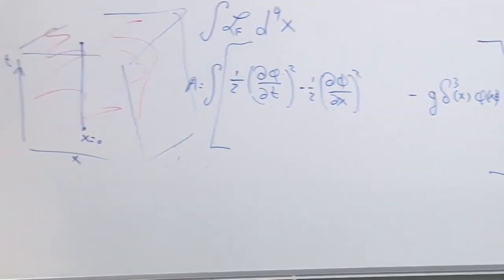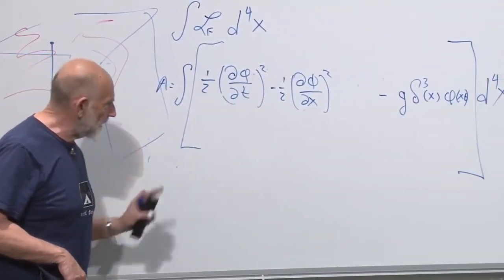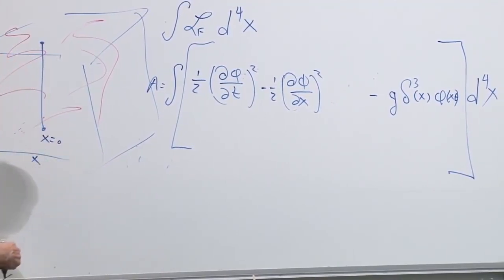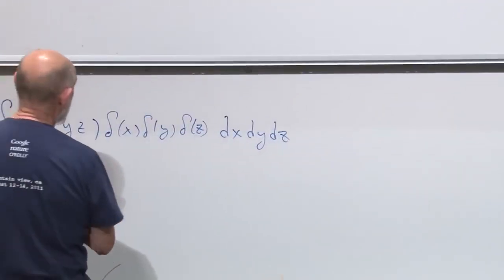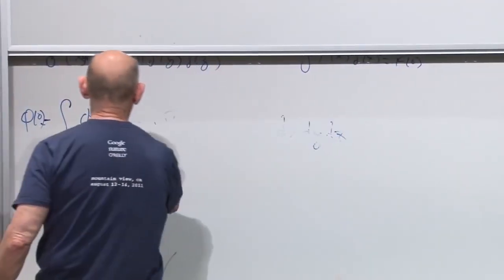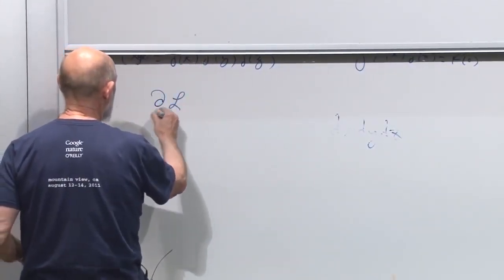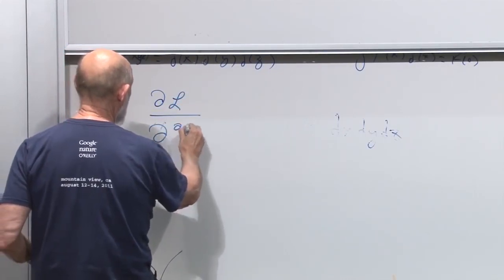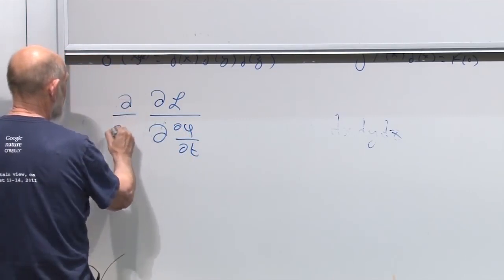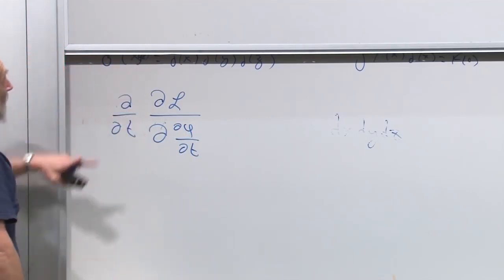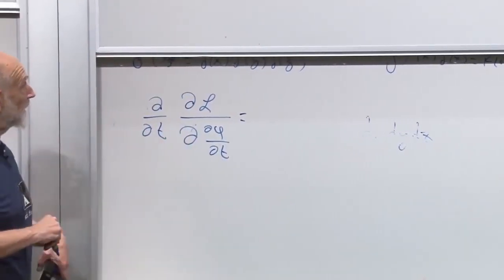Okay, now let's take this Lagrangian and work out the equations of motion for it. The thing inside the bracket is the Lagrangian. First of all, we have the derivative of the Lagrangian with respect to the partial of phi with respect to t, d by dt. What is dL by d phi dt?